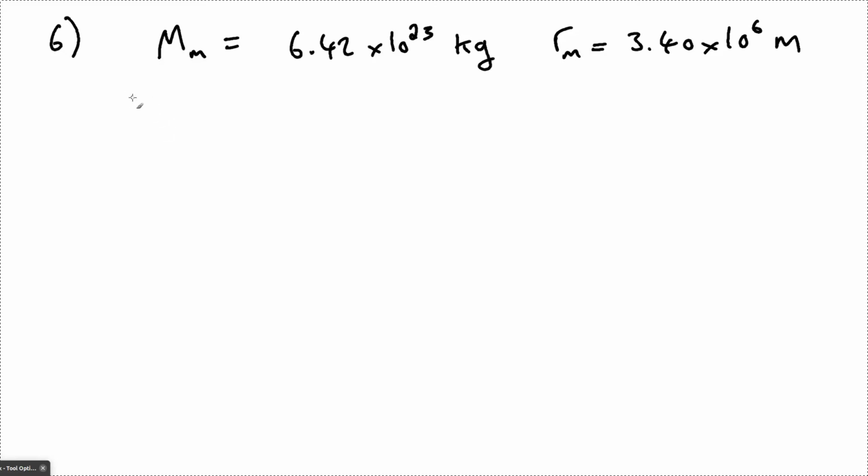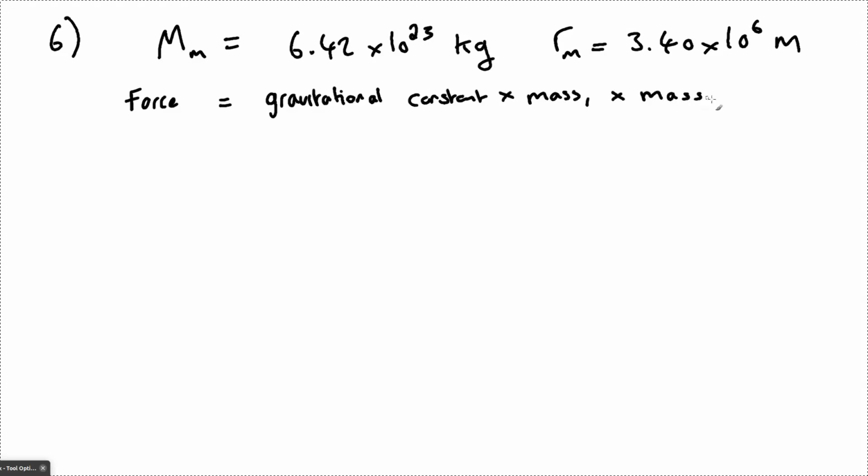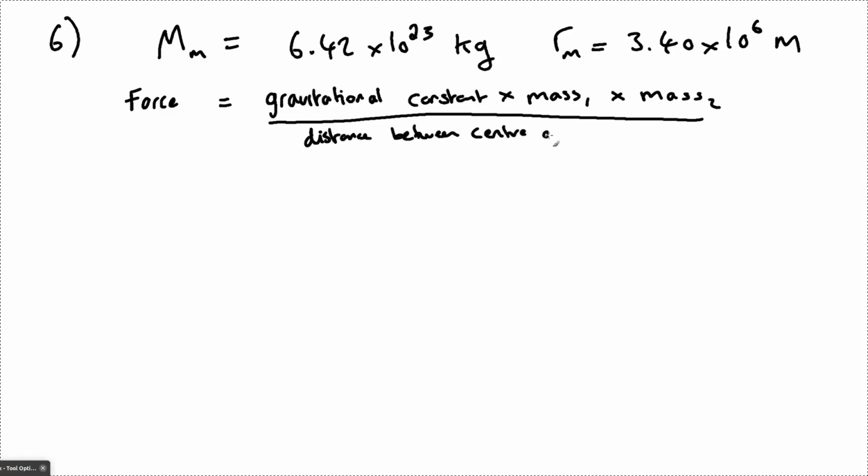So Newton's law of gravitation, basically force equals gravitational constant multiplied by mass 1 times mass 2 divided by distance between centre of mass squared. So there's our word equation.